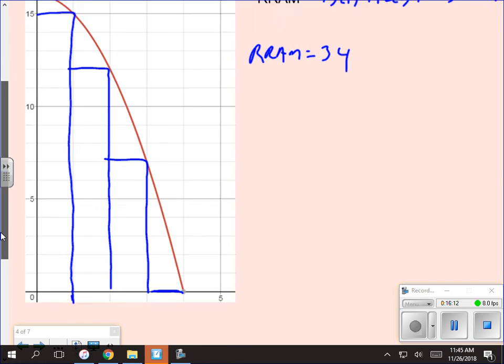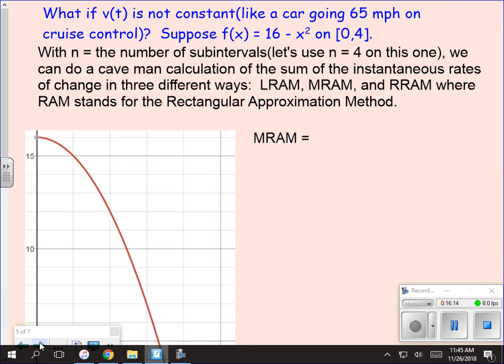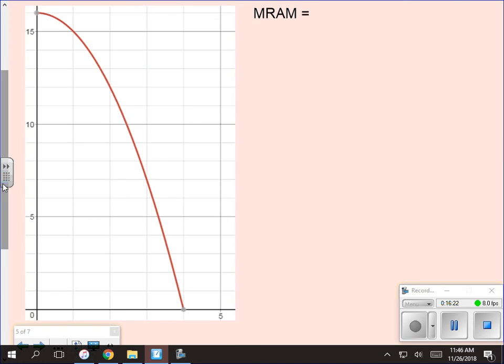So the next one would be MRAM, which means your height is where? In the middle. So our first rectangle goes up, and our height is halfway in between. It's the middle one. It's not the right or the left.